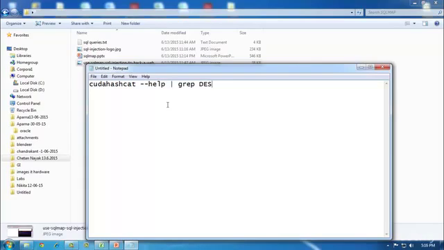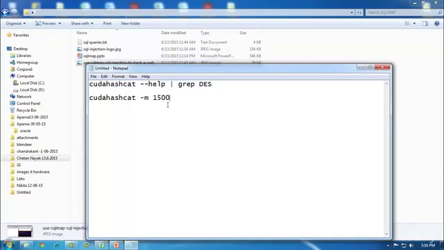So I've saved the hash value over here in the DES hash file. The command that I would be running to crack our own hash would be cuda hashcat -m, and since it is 1500, I'll just type 1500.